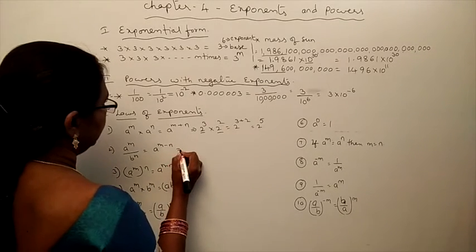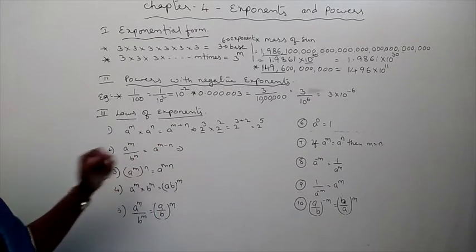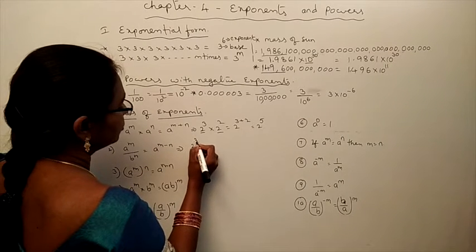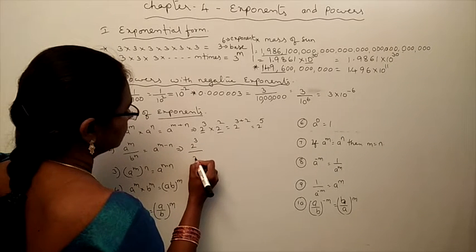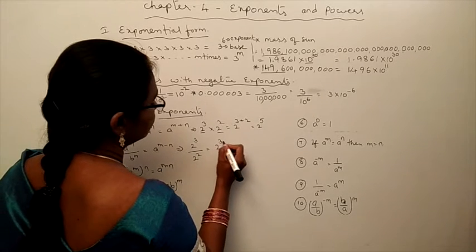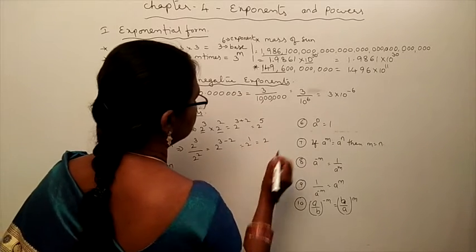Now, a to the power of m by a to the power of n is equal to a to the power of m minus n. Means 2 to the power of 3 by 2 square is equal to 2 to the power of 3 minus 2, which is 2 to the power of 1, which is 2.